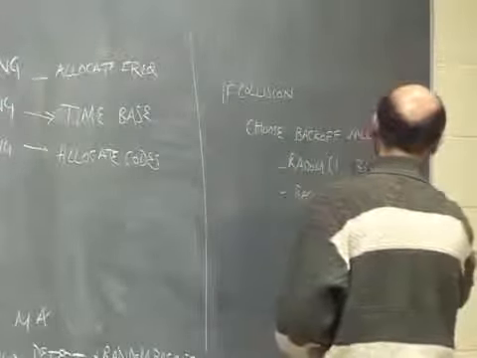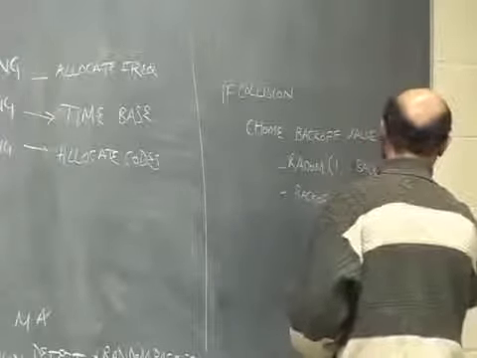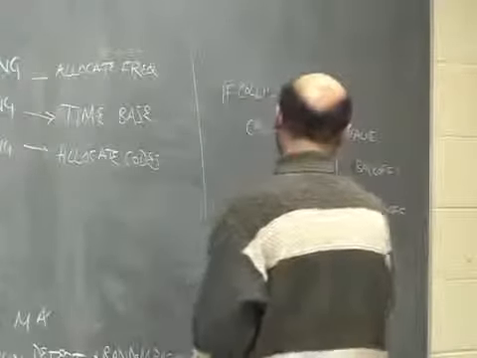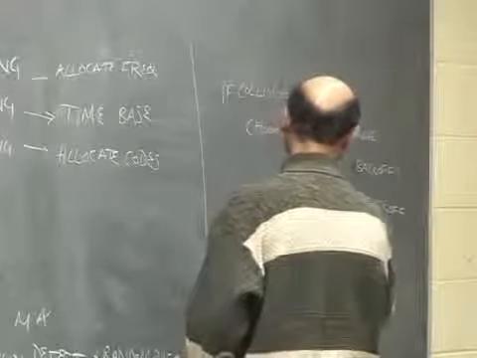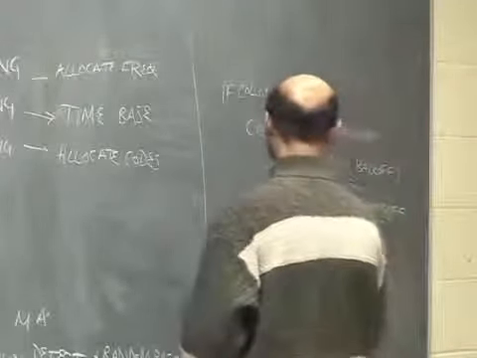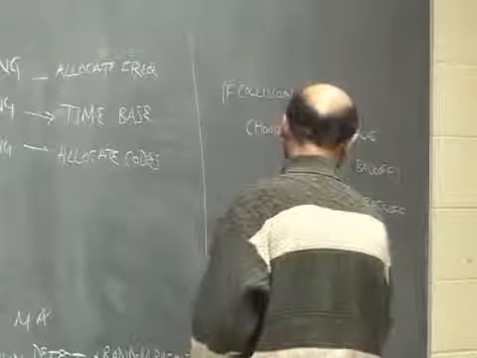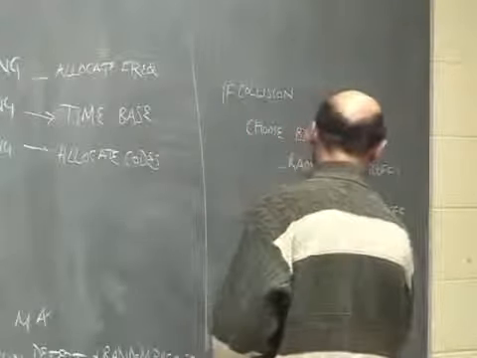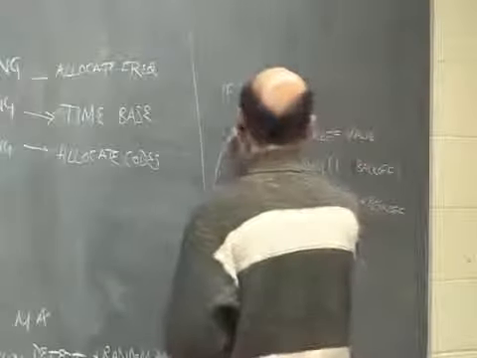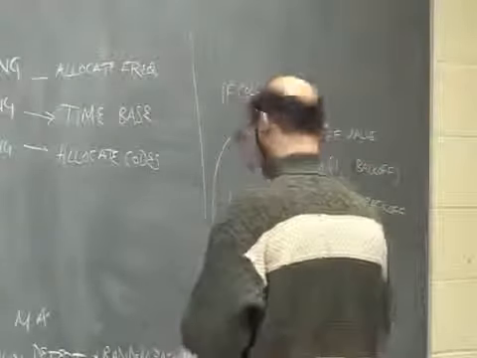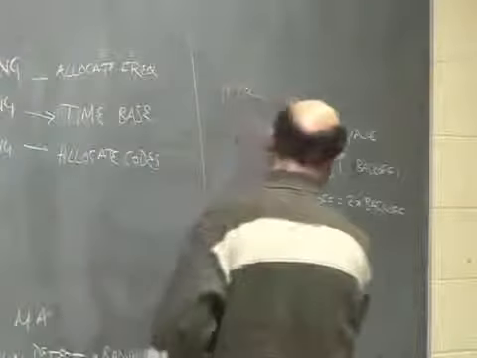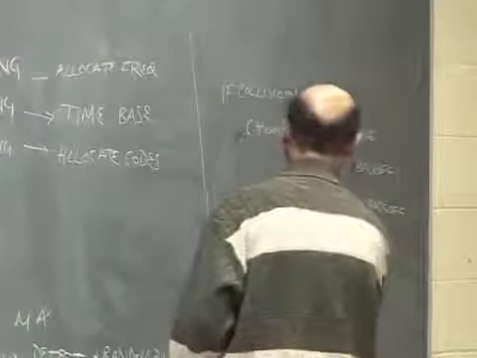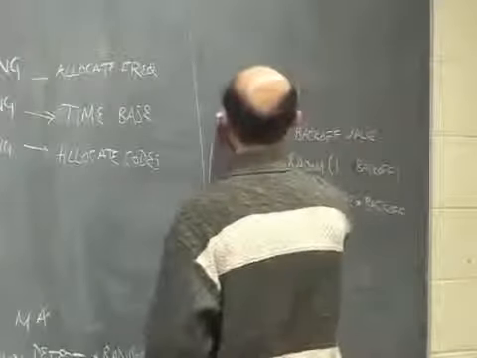We count the back off down, and then try again. If collision, we go back over here. Try again, which means you go back over here. And if there's no collision, you're fine.